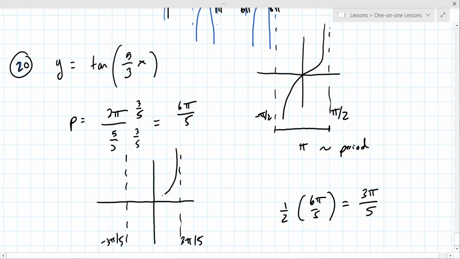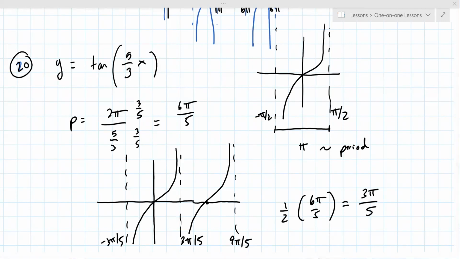And then it just looks like that. If you had to draw another one over here, you'd figure out what 3 pi over 5 plus 6 pi over 5 ends up being, 9 pi over 5, and you get the exact same thing.